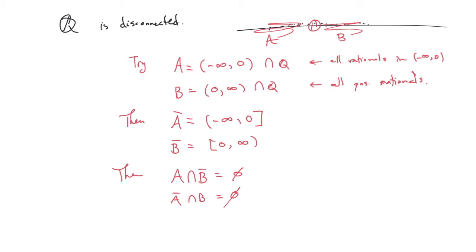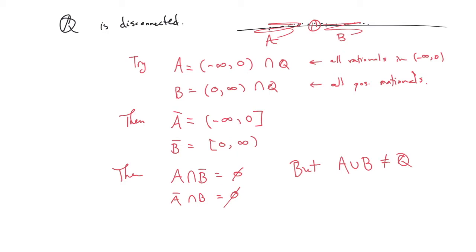The problem with this is A union B is not Q, right? Because A union B misses the number 0. So you don't actually get everything, and that's the most important thing, isn't it? To cover up the whole set.